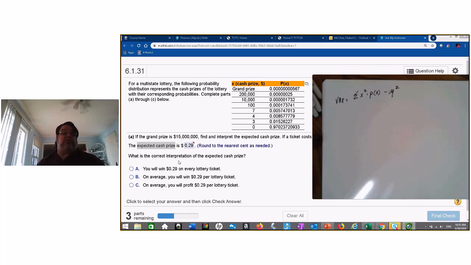What is the correct interpretation of the cash prize? Now that is the mean. So that means you will win 29 on every lottery ticket. On average, you will win. Remember, we found the mean. I would say you would probably win, but I could be wrong.